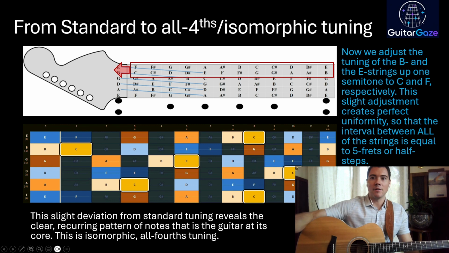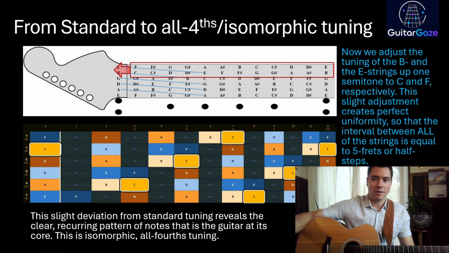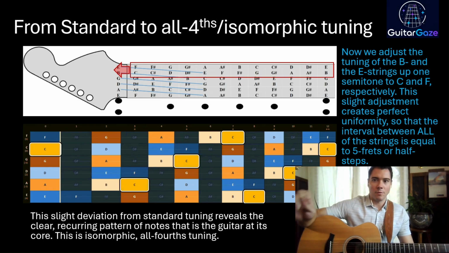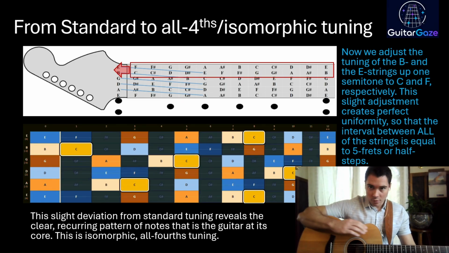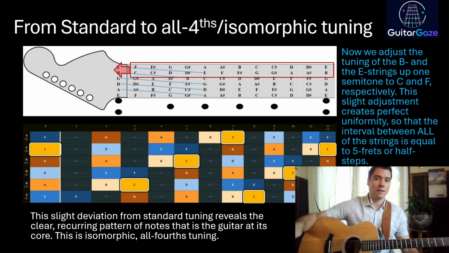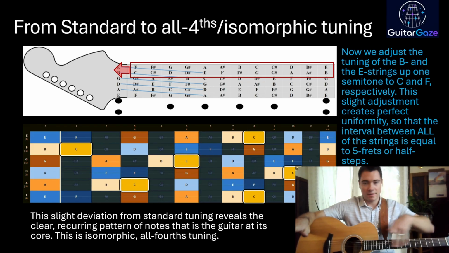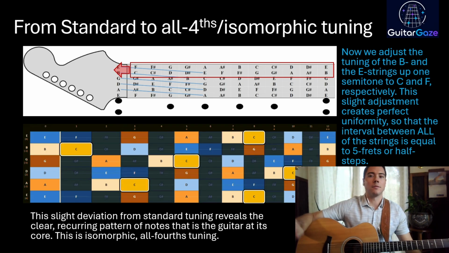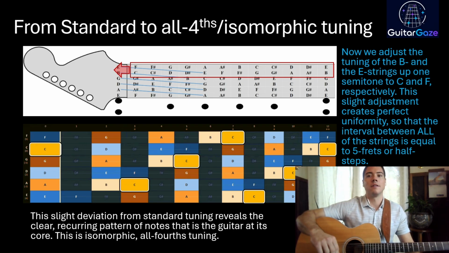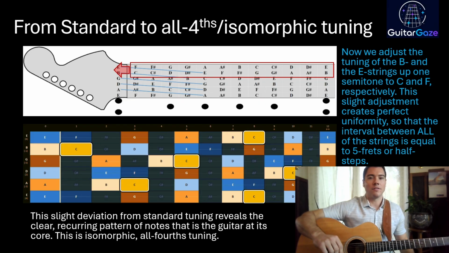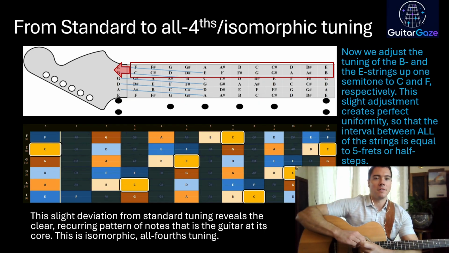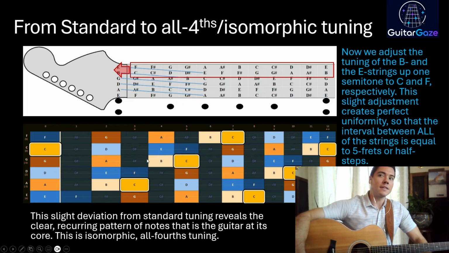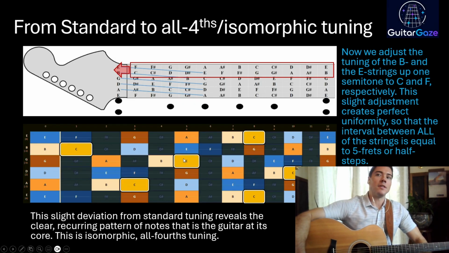That restores the repeating pattern on the guitar that is otherwise disrupted by standard tuning. With this adjustment, we have complete uniformity across the guitar, horizontally and vertically, and this is called isomorphism, or an isomorphic tuning. With the interval being equivalent between all of the strings, we are more easily able to see the patterns that repeat themselves across the guitar.